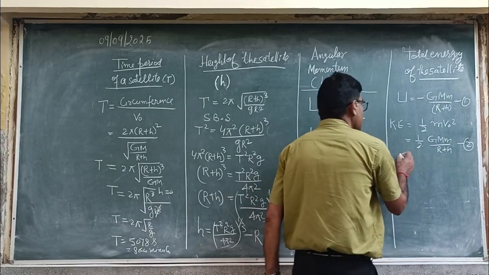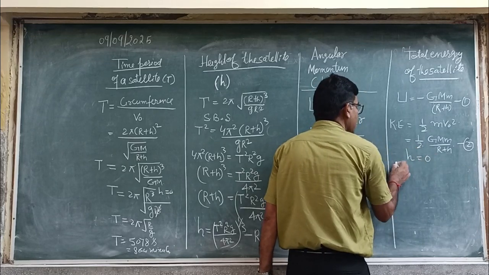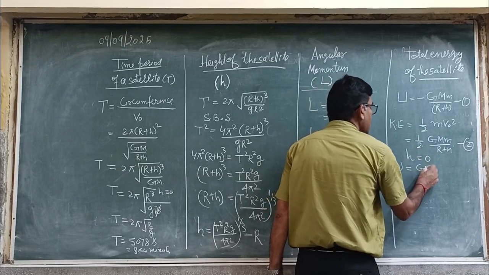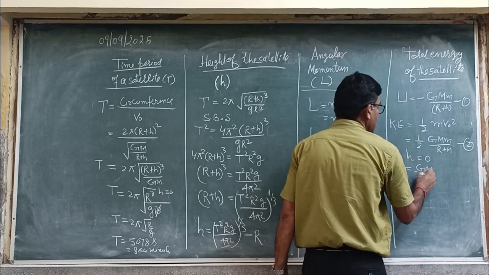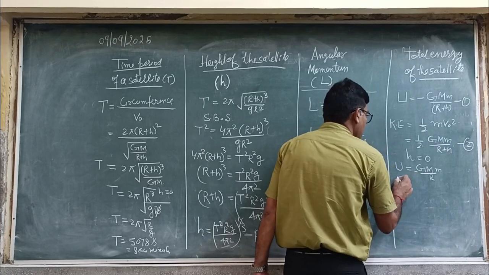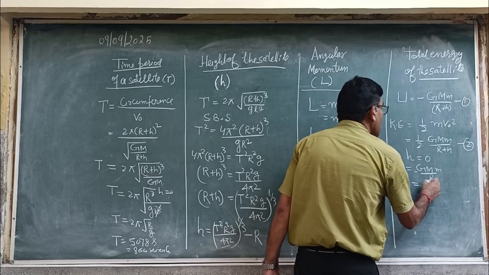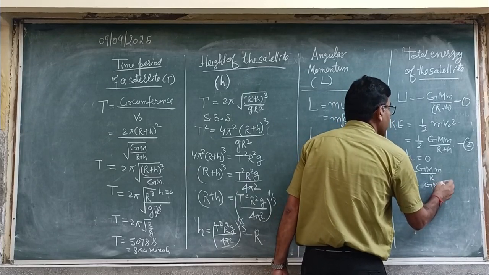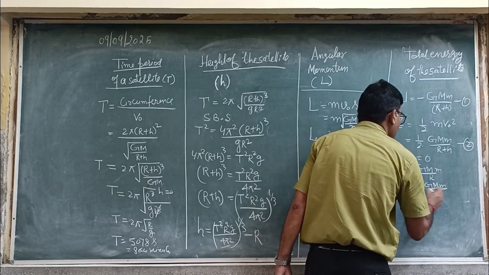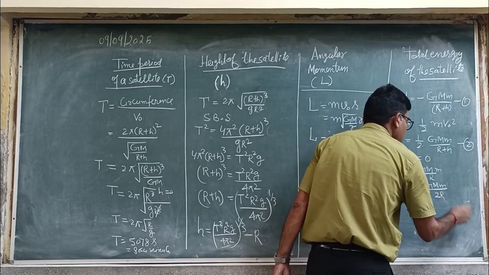Now if this satellite is very close to Earth, then h is equal to 0, and therefore potential energy is equal to minus GMm upon R, and kinetic energy is equal to GMm upon 2R.